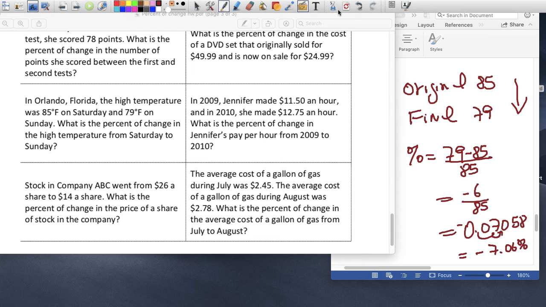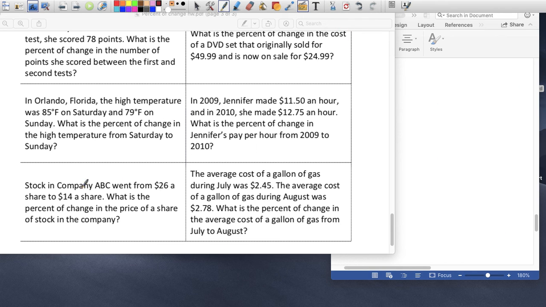The stock in company ABC went from $26 a share to $14 a share. What is the percent change in the price of a share of the stock? So the stock went down. The original was 26, and the new price is 14. So this is also a price that went down.